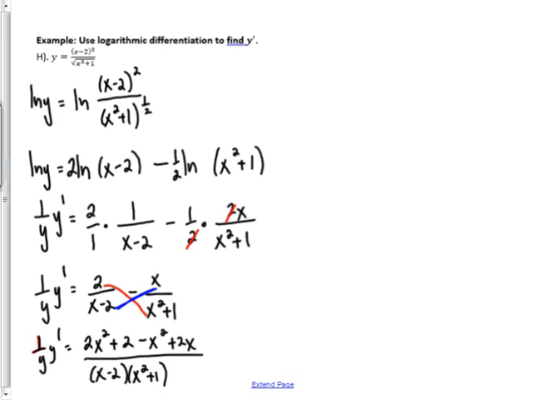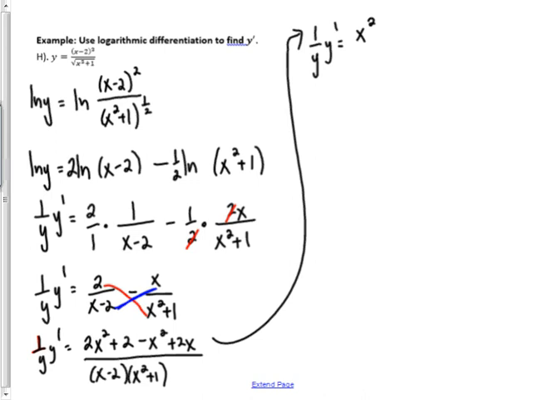Okay. All right, so I'm going to carry this right up here. So I get 1 over y times y prime. If you put the top together, I'm getting 1x squared plus 2x plus 2 over multiply the bottoms. Okay. That's step 4. Simplify that right side. Put it together.